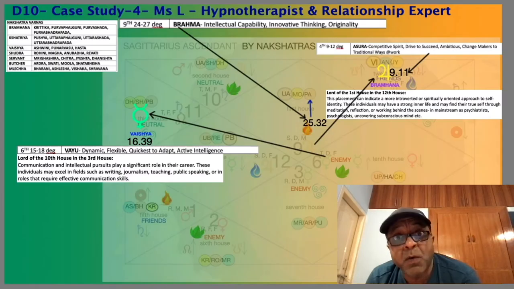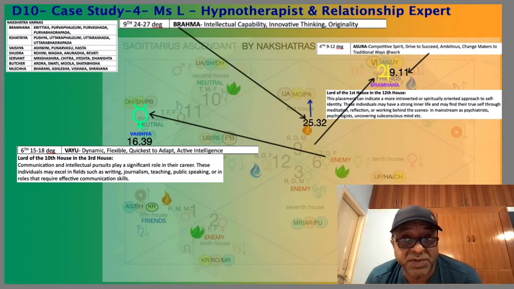Where has Jupiter gone? Once again, it's gone to the 12th house. This time, Jupiter is in Scorpio in Anuradha Nakshatra at 9.11 degrees. The angle itself indicates that she has a competitive spirit. She's got drive to succeed.